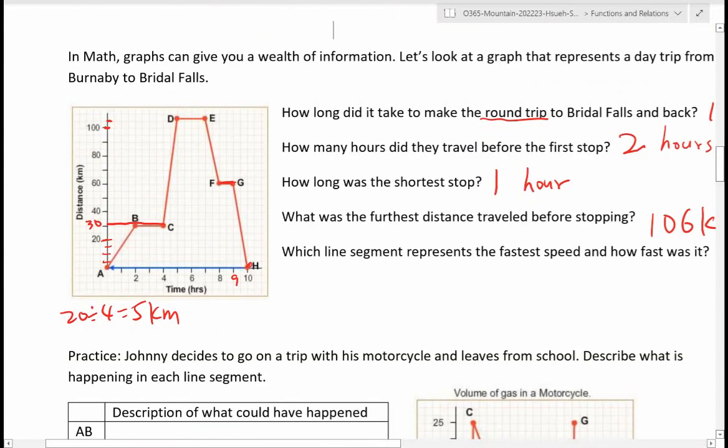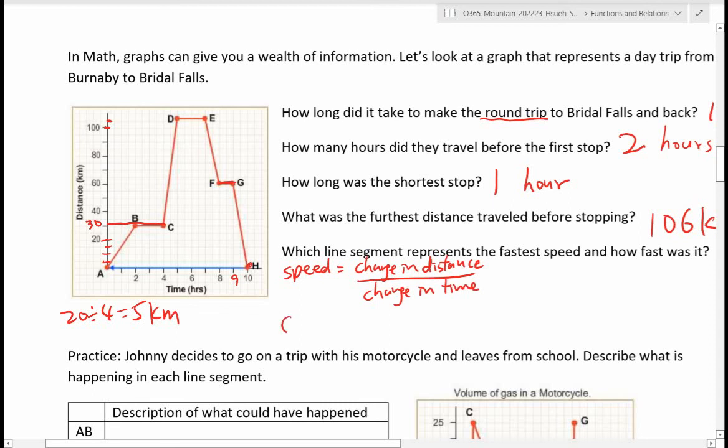To find the speed, you go change in distance divided by change in time. You might have learned this from science already. You'll learn it in math and science 10 for sure. Speed is just the change in distance divided by change in time.